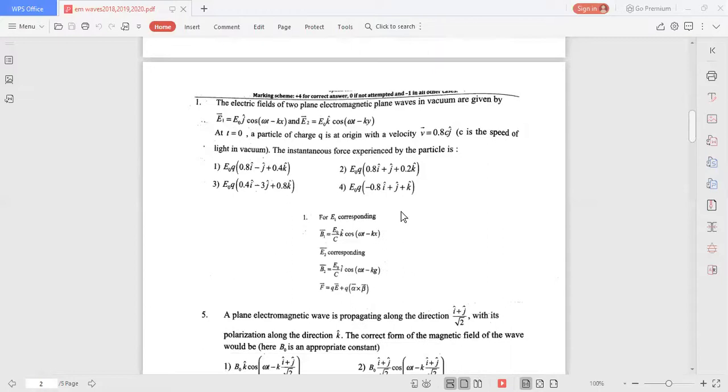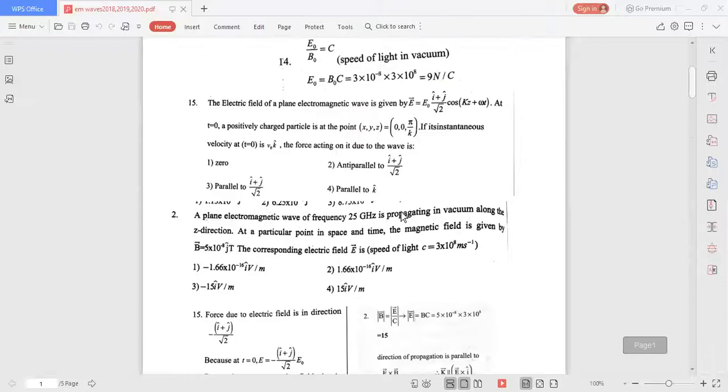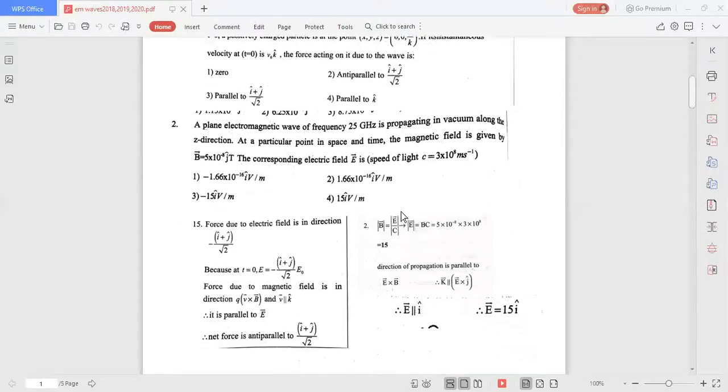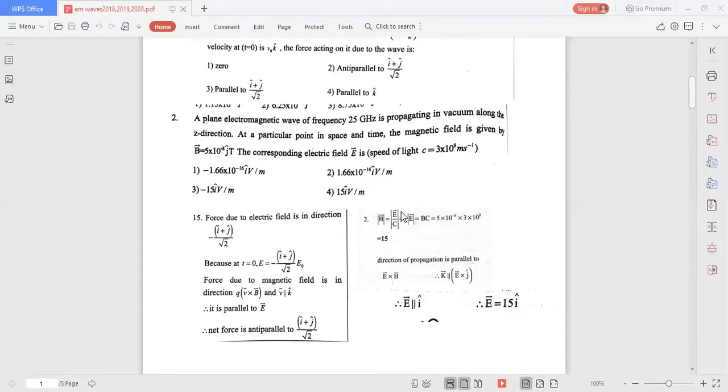Okay, you see problem number 1. In the previous page, one more problem is there. In the previous page, here, this problem is there. Okay, you see, we read the second problem.